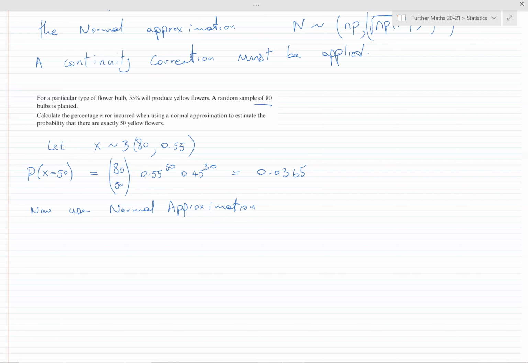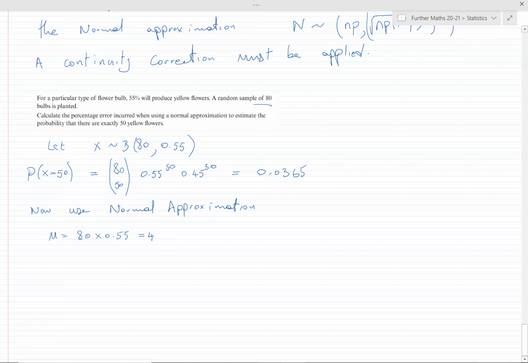Right, so what we're going to do is say what the mean is: np. So the mean is equal to 80 times 0.55, and that equals 44.